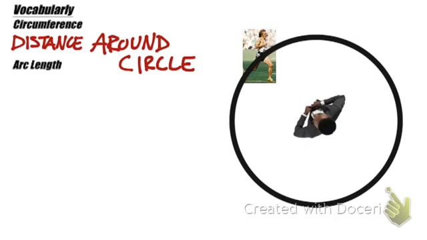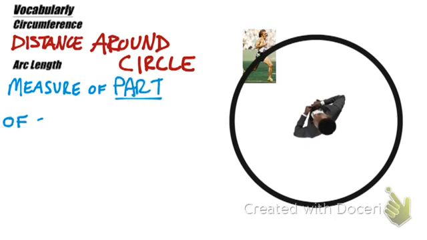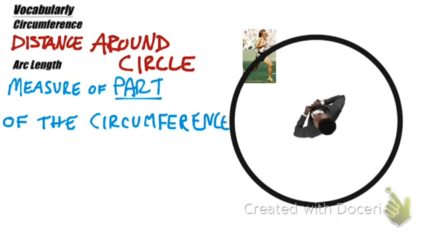The official second vocabulary word is arc length, which is the measure of part of the circumference. So we are only talking about just part of the circumference. So if I take this guy here, and let's say he's just starting to train for a marathon.